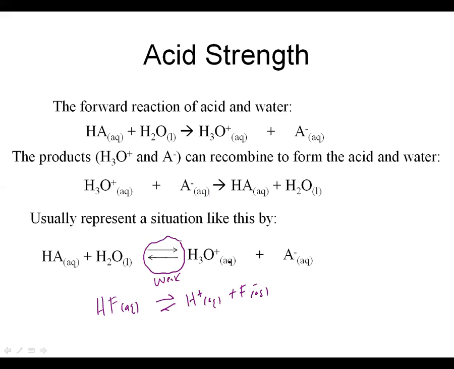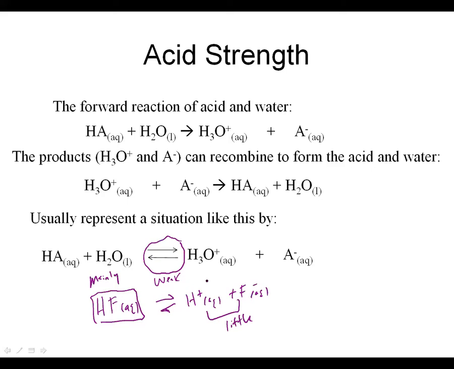And again, a reminder that what we have going on here is a weak acid, which means in solution, this is mainly what you have. You have a little bit of these ions, but it's still considered an acid because it has the ability to still produce H plus.